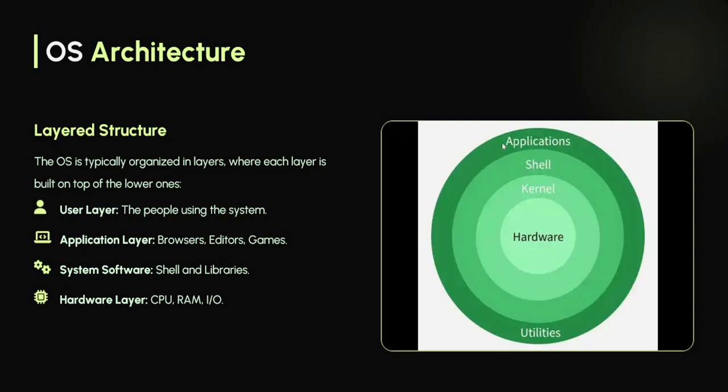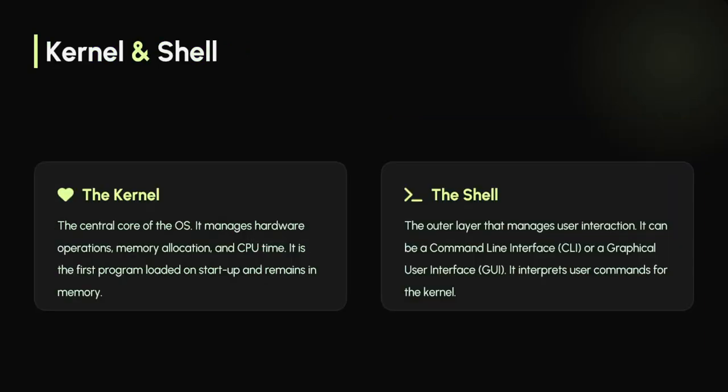First is the user layer, the people using the system. The application layer: browsers, editors, games. In the system software, the shell and the libraries are included, and the hardware layer has the CPU, RAM, and input output.